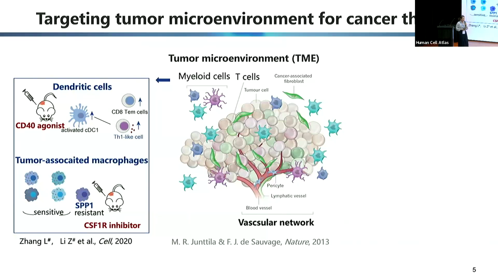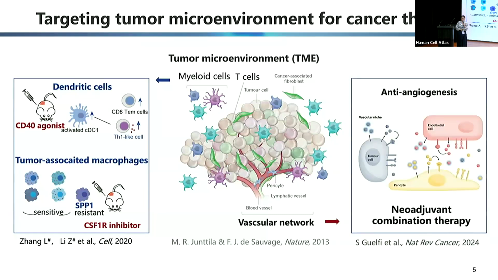We have previously demonstrated the mechanisms of these two myeloid-targeted therapies. Beyond immune cells, recent clinical trials also showed promising results for other therapies, such as anti-angiogenesis.